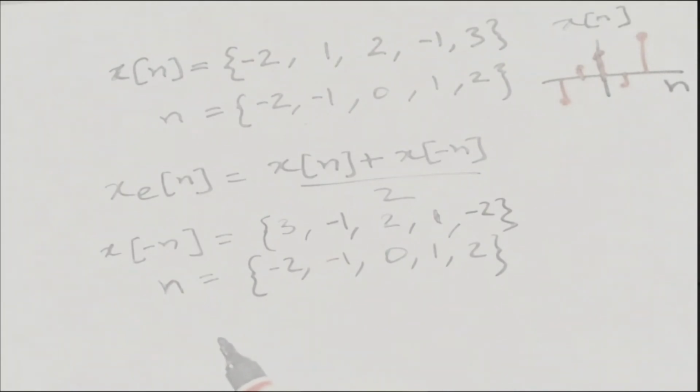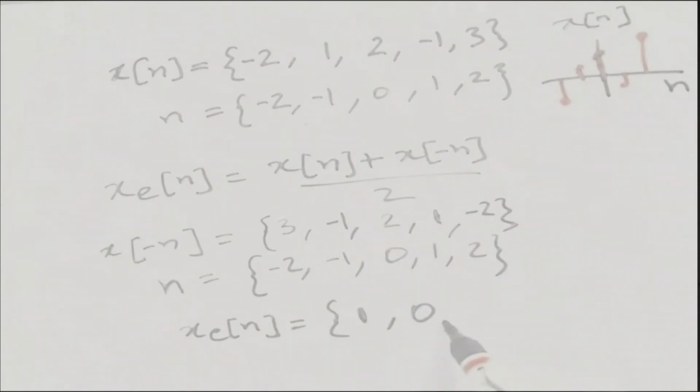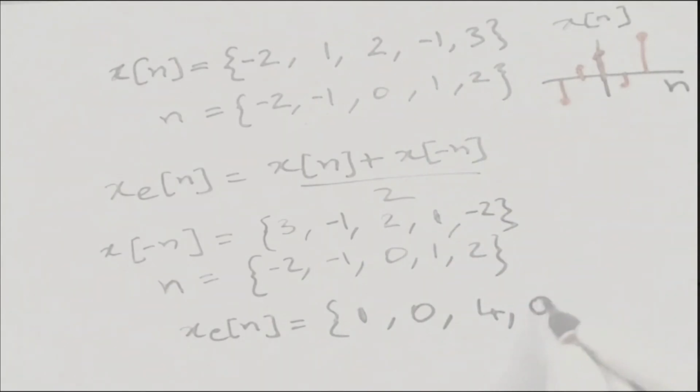Now in order to obtain the even component, we simply have to add x of n with x of minus n. So the even component comes out to be minus 2 plus 3 is 1, 1 plus minus 1 is 0, 2 and 2 is 4, minus 1 and 1 is 0, 3 and minus 2 is 1, and this will be divided by 2.